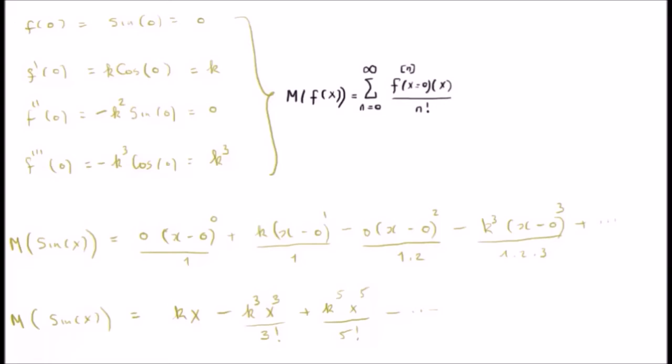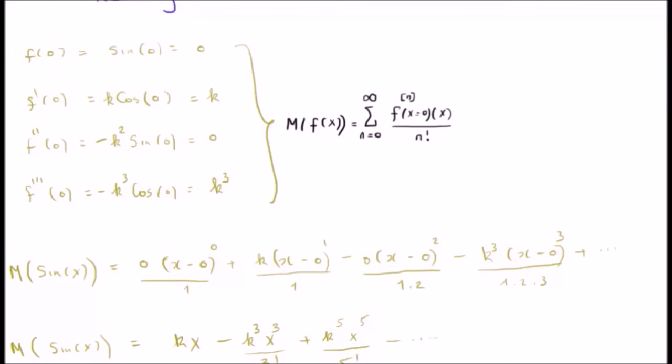In order to calculate the coefficients, the a sub n's, we need to get the derivatives of our function sine kx. So you have the 0th derivative, the 1st, the 2nd, the 3rd, and so on up until infinity. We must evaluate each of these at x equal to 0, and we get 0, k, 0, minus k cubed, and so on.